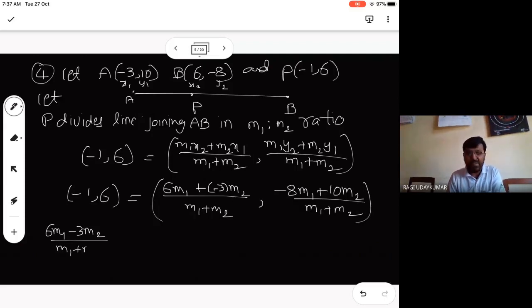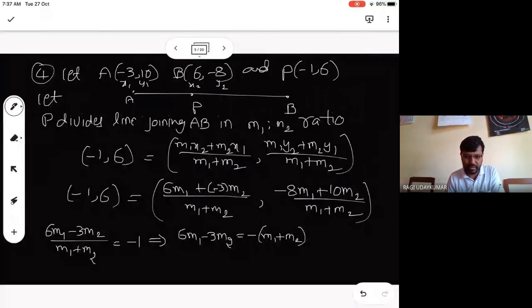Multiplying by M1 plus M2 on the right side, minus 1 into M1 plus M2. So simplify this. 6M1 minus 3M2 is equal to minus M1 minus M2.